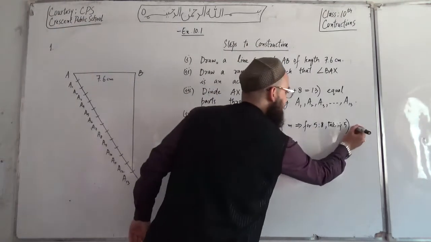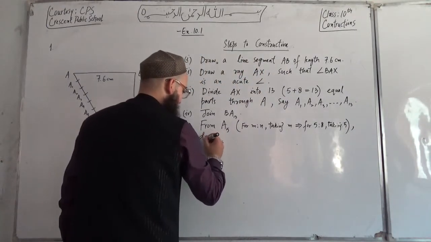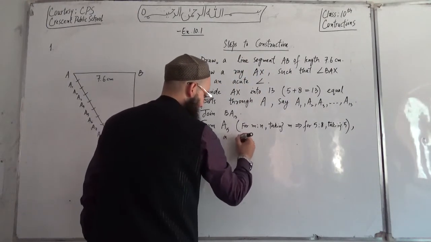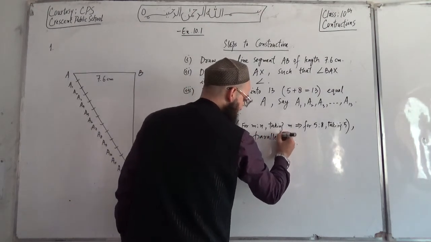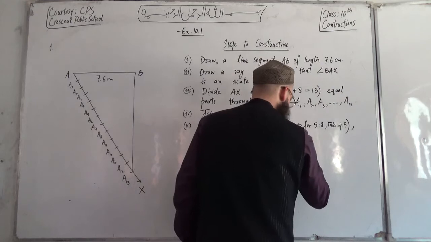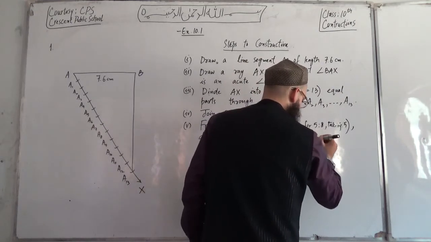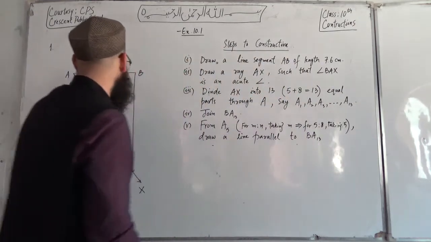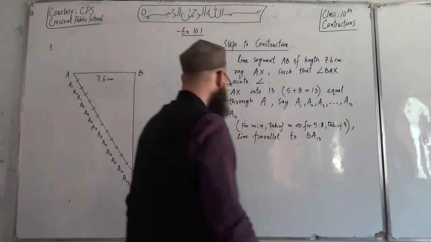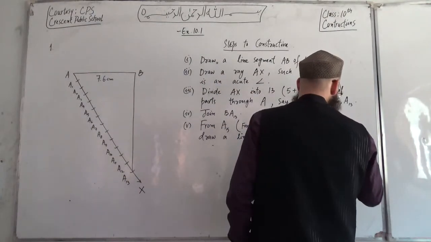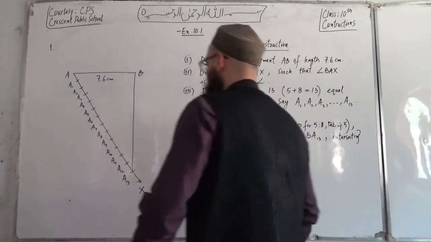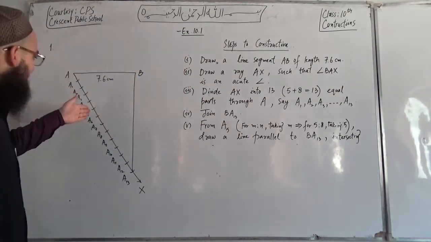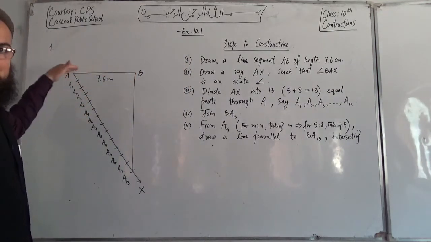From A5, draw a line parallel to BA13. Now when you draw a line parallel, that will for sure intersect AB at some point.